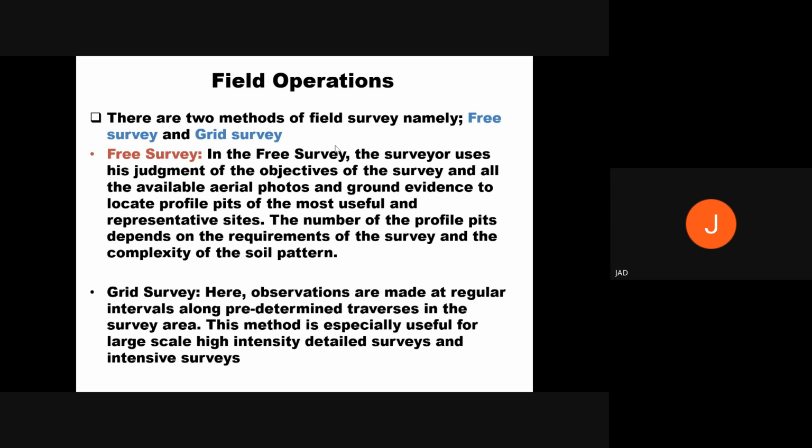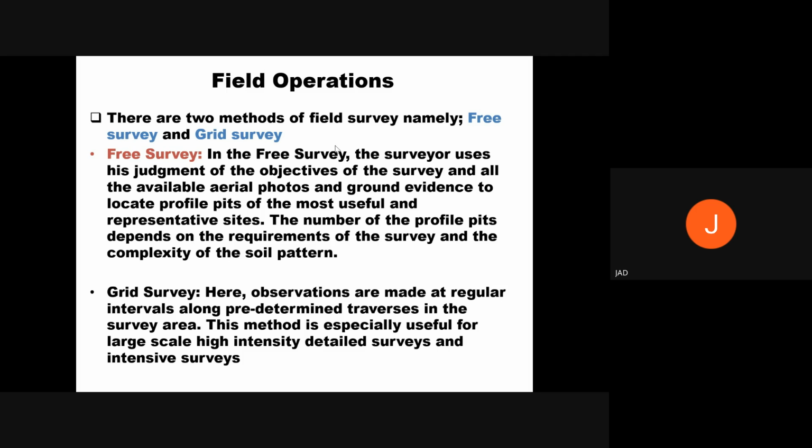Then we have the grid survey. Here, the observations are made at regular intervals. So you create something like a cell on the map. You divide the cell into cells, what we describe as grids. And you select those grids randomly to let you know what is the nature of the soil type distribution.